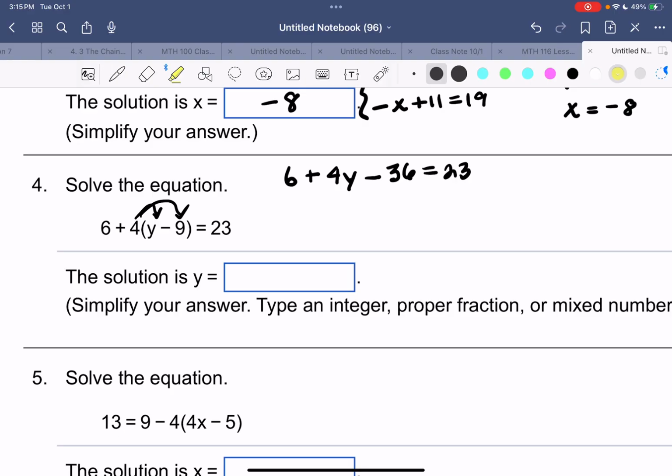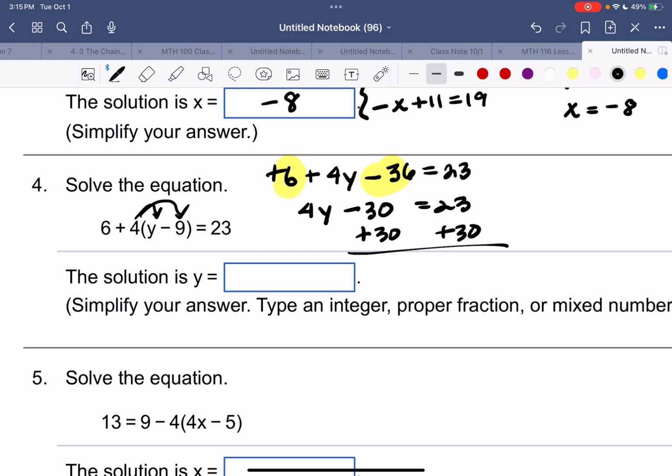Now, I do have like terms, 6 and minus 36. I can put it in front of the 4y or behind it. I'll just put it behind it. 4y minus 30, because look, that's a plus 6, equals 23. Add 30, 4y equals 53. Divide by 4, y is 53 over 4.